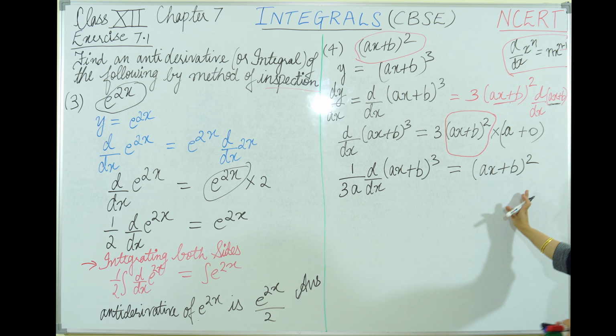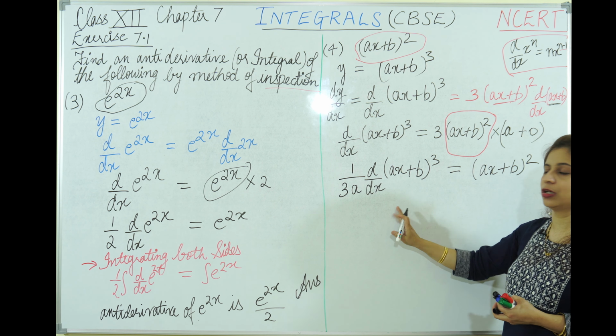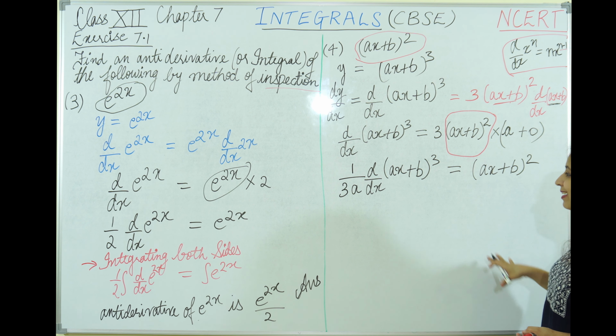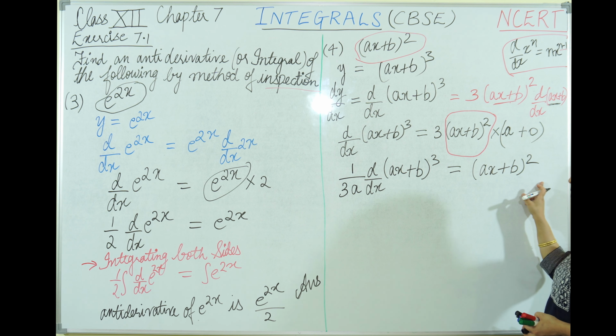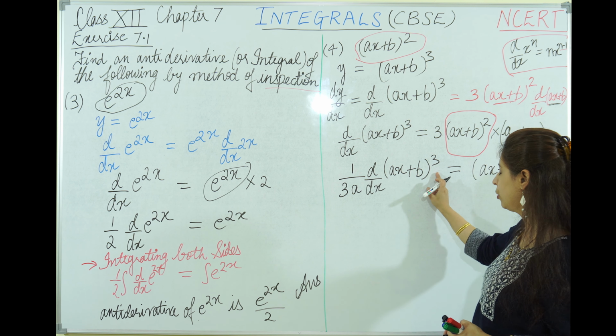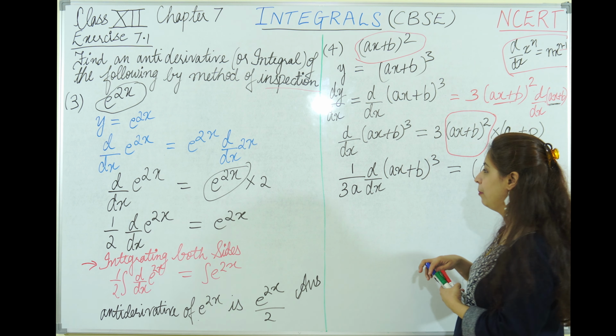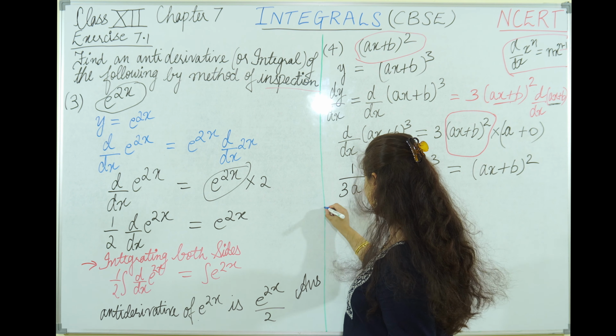It is easily seen here, 3a is constant, that the antiderivative of (ax plus b) whole square is (ax plus b) whole cube upon 3a. We can also see this with the help of integration.